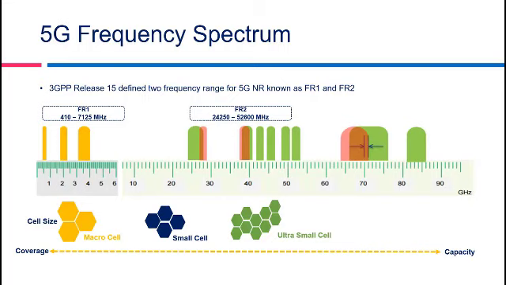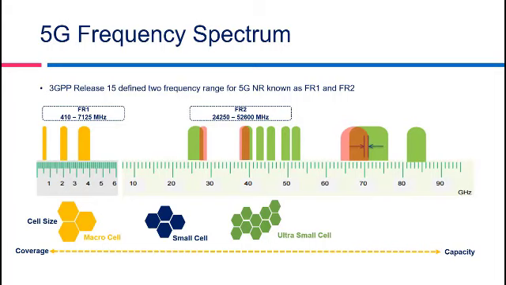The yellow ones are the larger cell size, which indicates that FR1 frequencies belonging to lower bands will give larger cell size, and 5G services within this frequency range can be utilized for coverage.